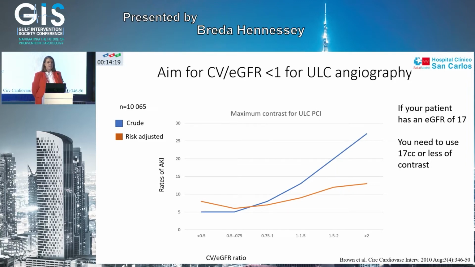Your overall risk of acute kidney injury is low, your rates of dialysis will be around 1%. So therefore, it's relatively safe to proceed with PCI in these cases. So in simple terms, if you have an eGFR of 17, that is the amount of contrast that you can use for your interventional procedure.